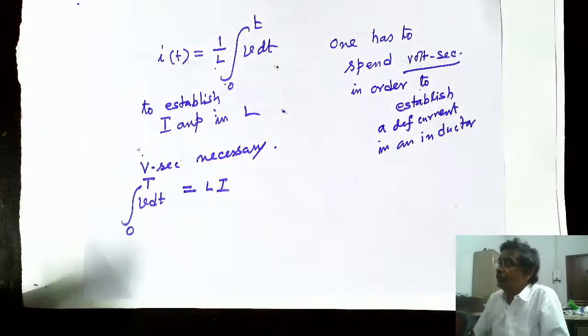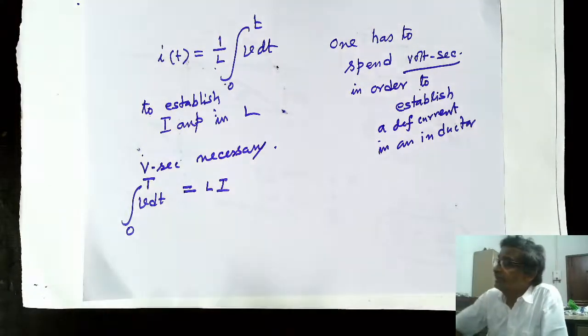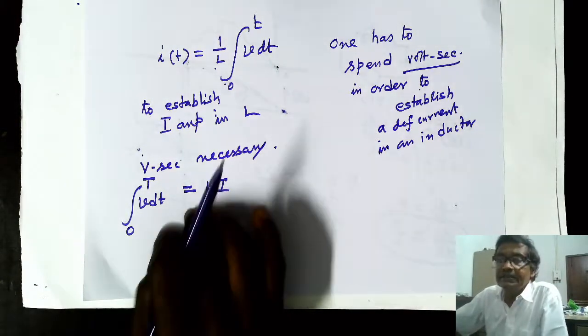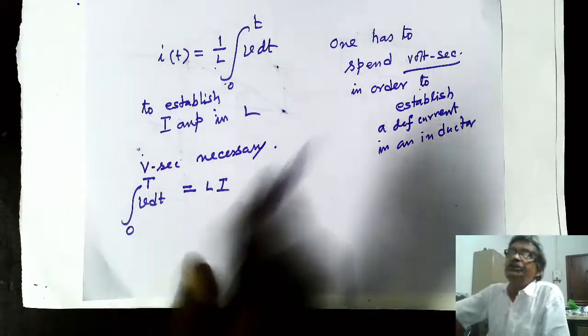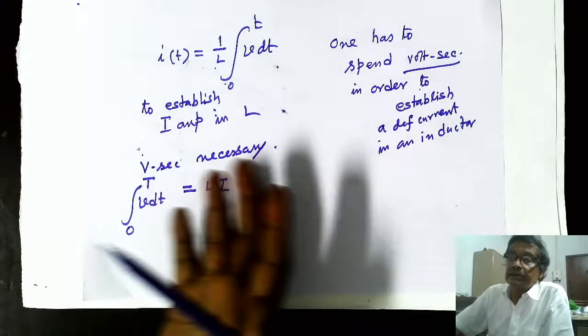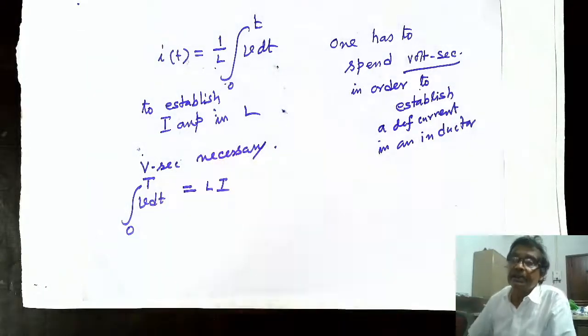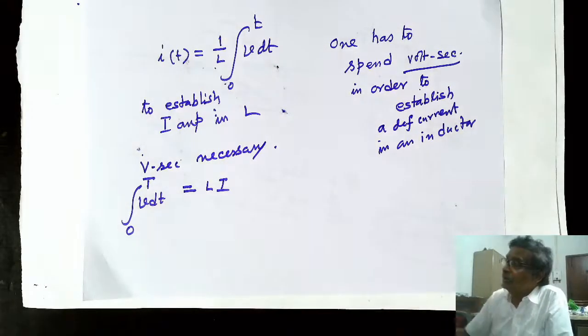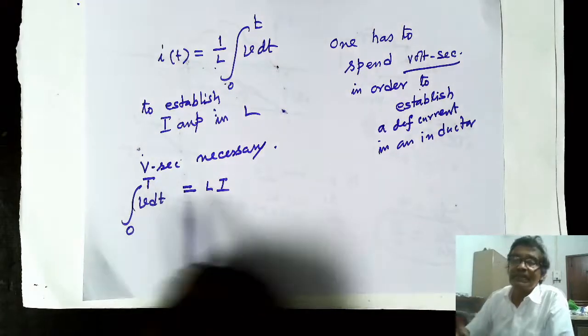So what is the total volt second necessary? It is the value of the inductance and the current which you want to finally establish in the inductor at t equal to capital T. That is what I am doing. So how much volt second are you spending? It's this one.